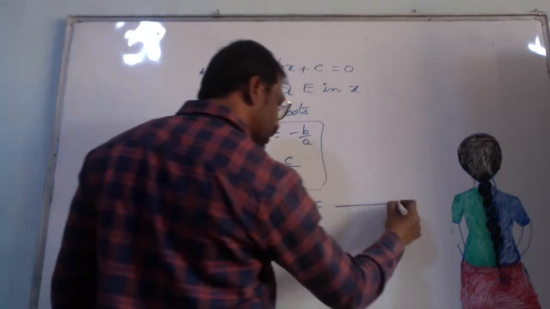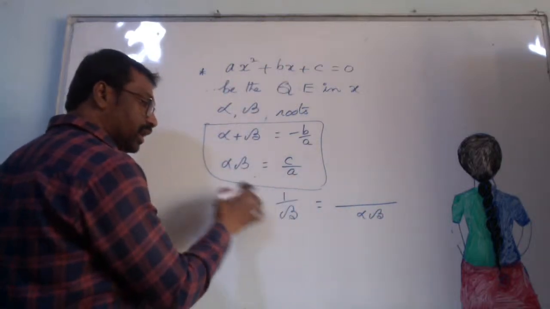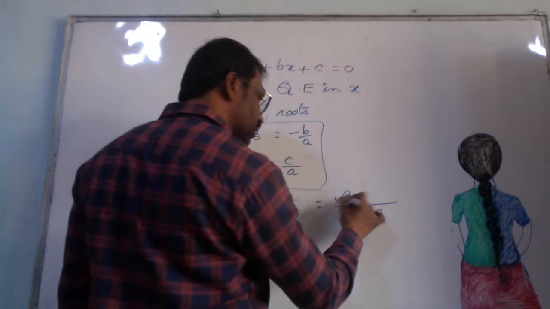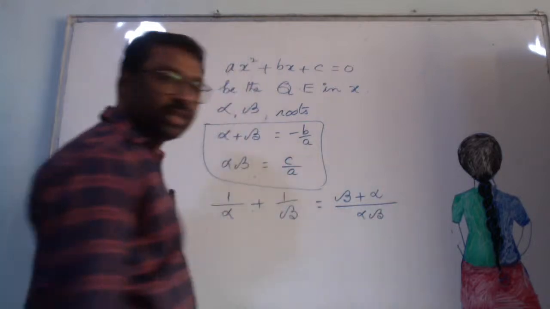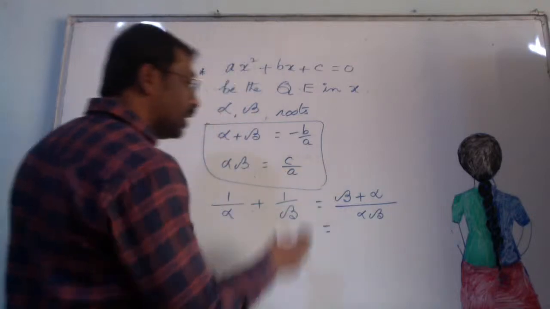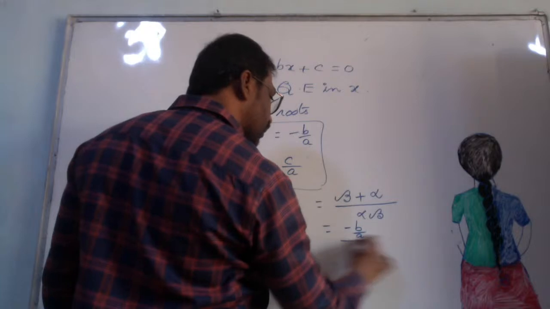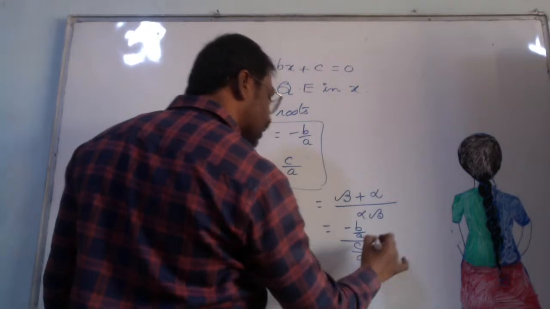First take the LCM, alpha into beta. Then cross multiply, so beta plus alpha. That is, alpha plus beta value is minus b by a, divided by alpha beta value c by a.